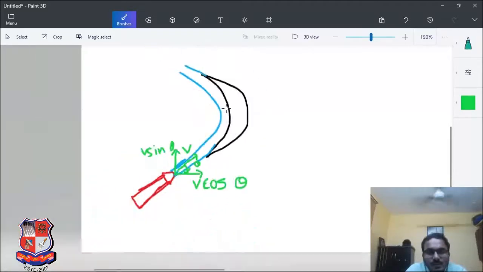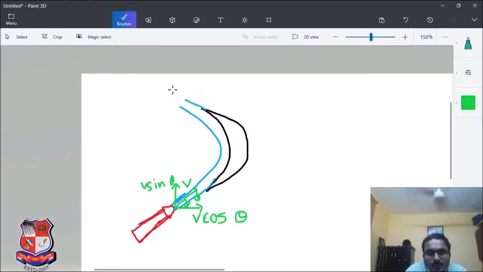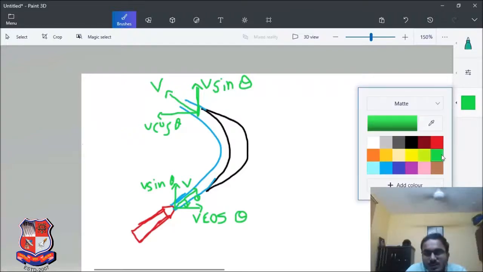And as far as exit is concerned, we will have this as a velocity V. This will be again V cos theta, and this vertical component will be V sin theta.